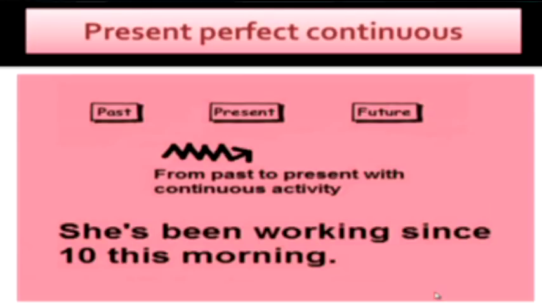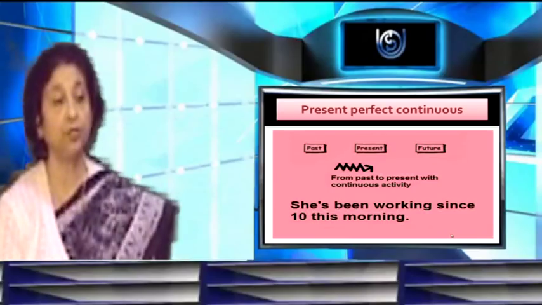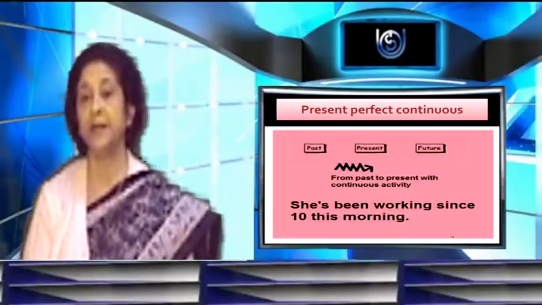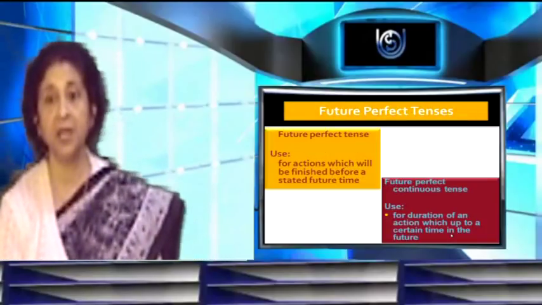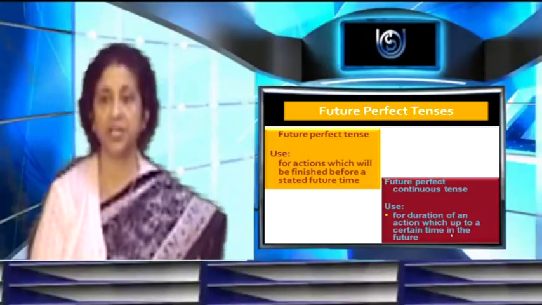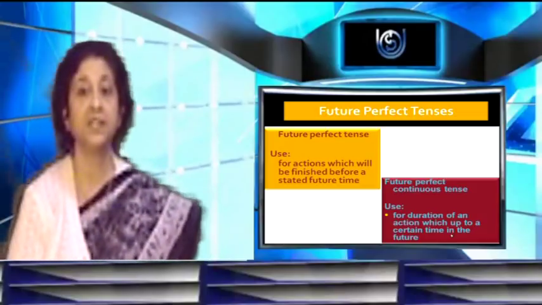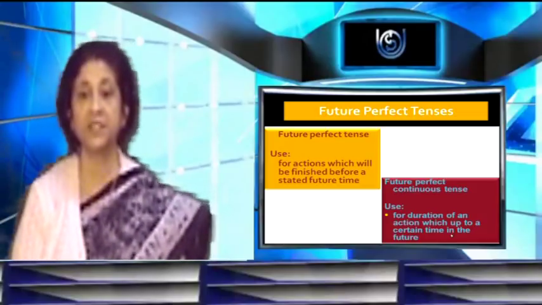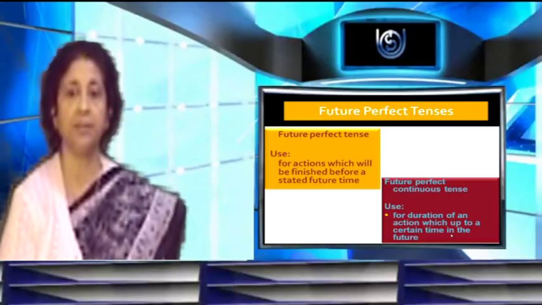Now in the continuation of the tenses, as I have already explained to you, past continuous tense. So the next tense is past perfect tense. In past perfect tense, as I have already told you in present perfect tense also, there are always two actions. It is for a past action which occurred before another action or before a stated past time, for a complete past action which had visible results in the past.